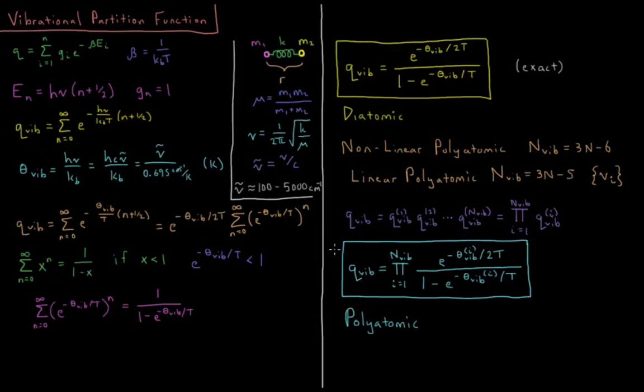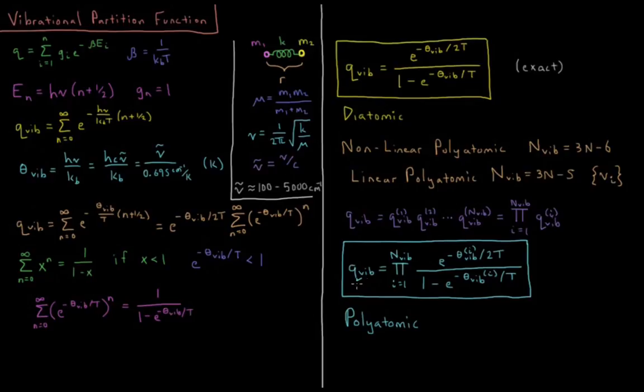So as I said, for translations, there are an enormous number of states which are occupied at 300 Kelvin for most molecules. For rotations, they're typically on the order of 10, 20, or 30 rotational levels that are occupied. But these energy separations are getting quite large, and so for vibrations at 300 Kelvin, most molecules are in the ground state.